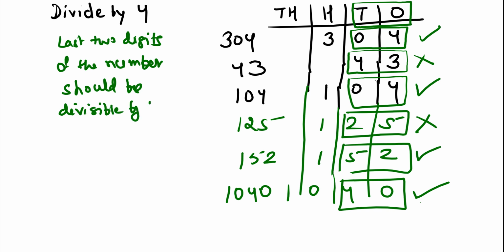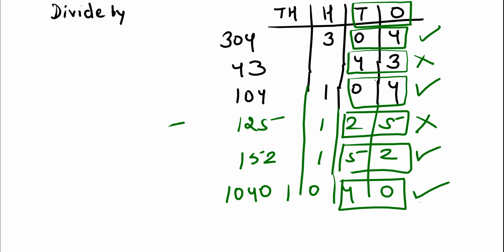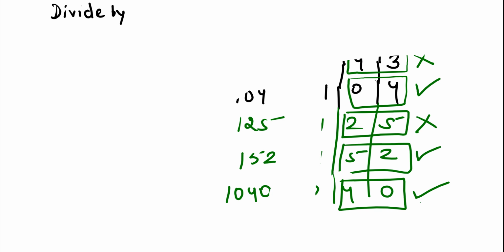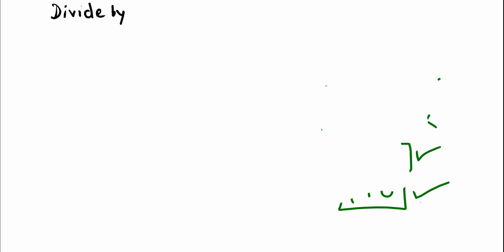So the last two digits of the number should be divisible by 4. So that's the simple rule for divide by 4.